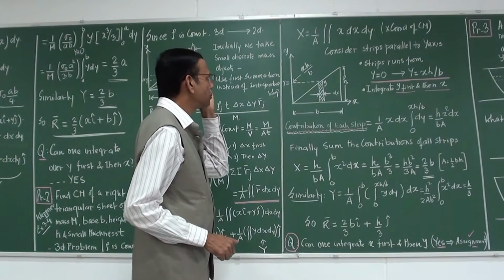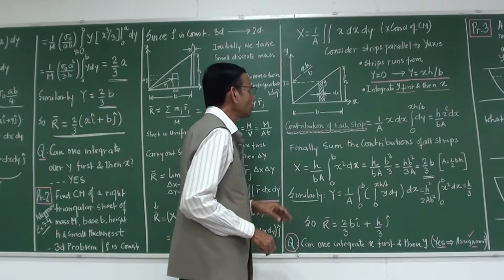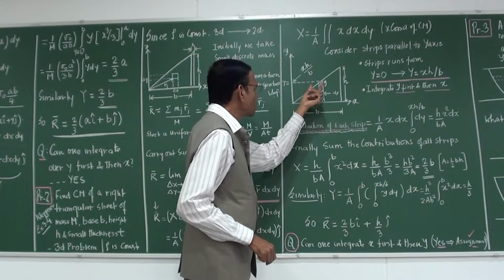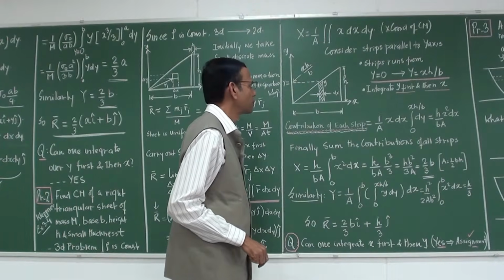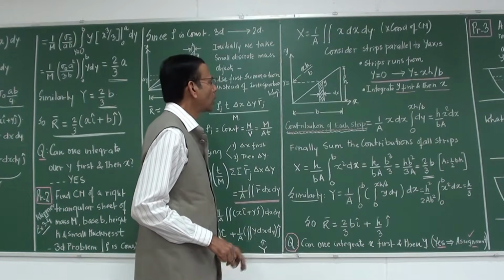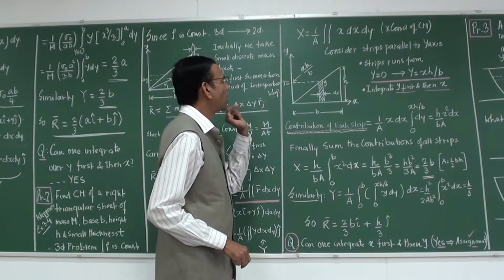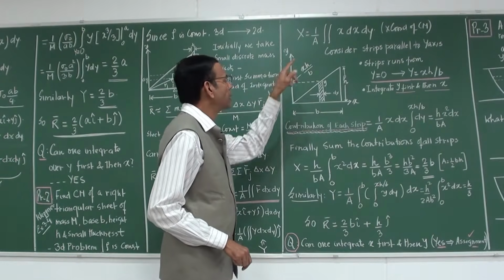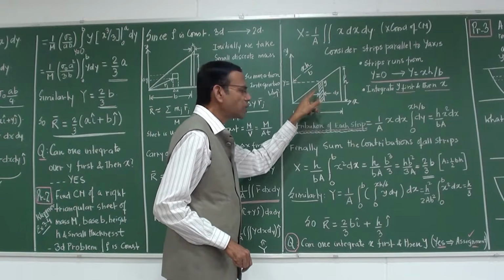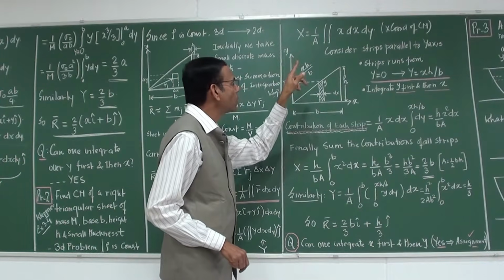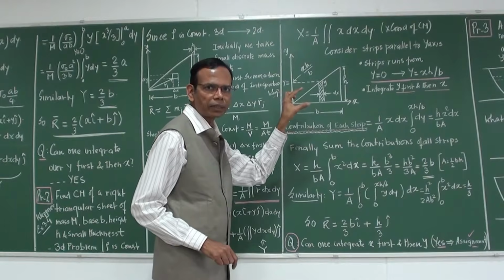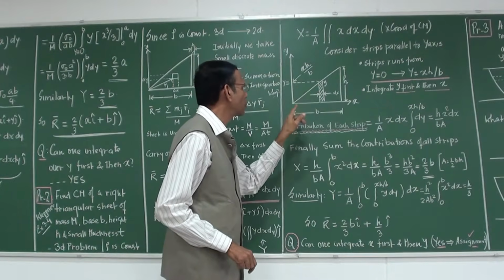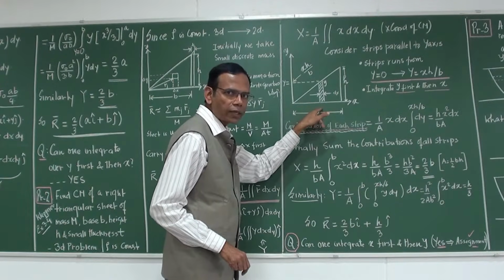Now here we consider a small strip which is parallel to the y-axis. What we need to understand here is that it is not only dx dy. dx dy is a small element here, and x is the x coordinate of it.